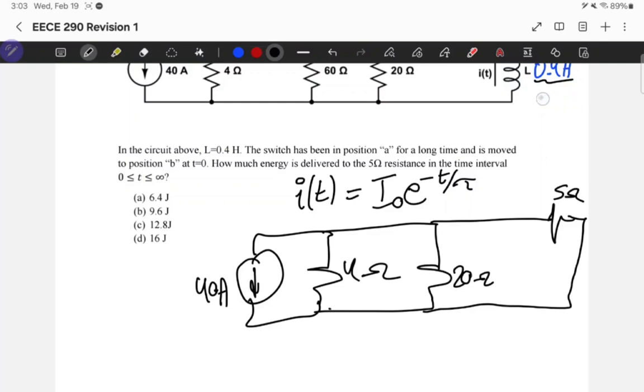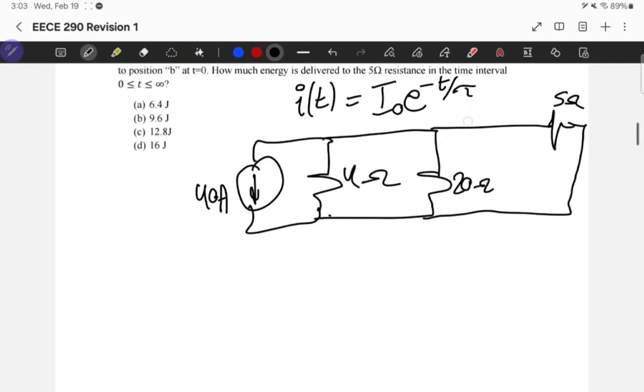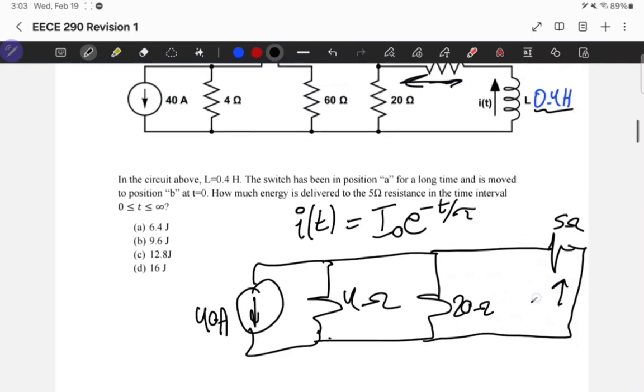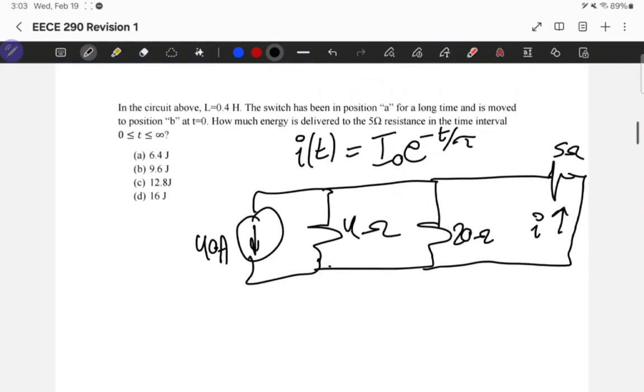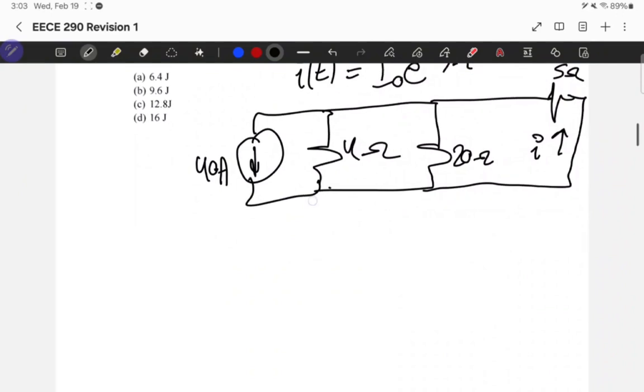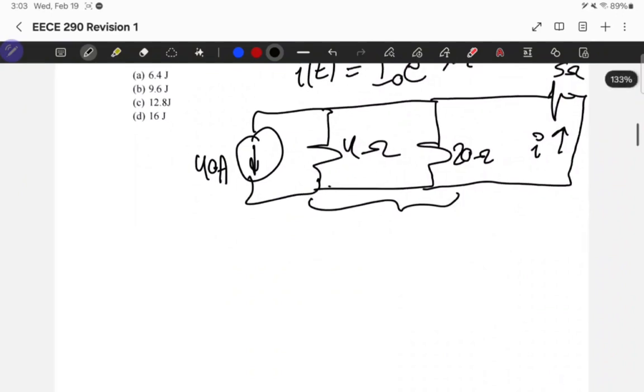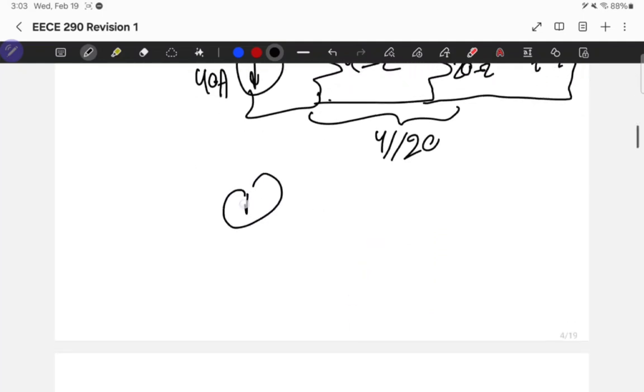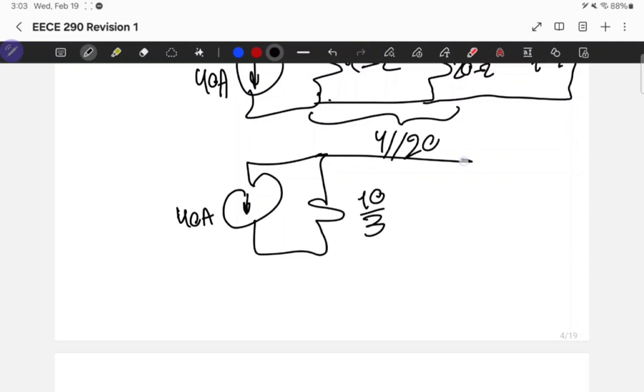So we need this current that's flowing in this direction, which is I. We can do a current divider, so if we do the R equivalent of these, this is 4 parallel with 20. So let's do the circuit again. This is 40 ampere. This is 4 parallel with 20, so it's going to be 10 over 3. And then this is 5.